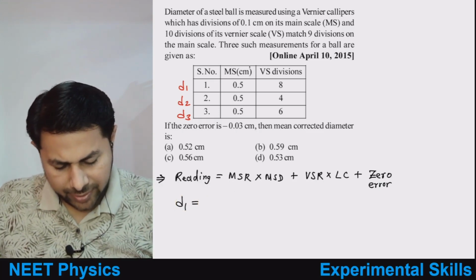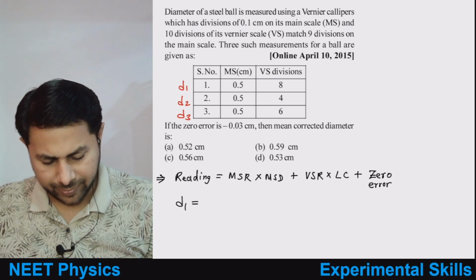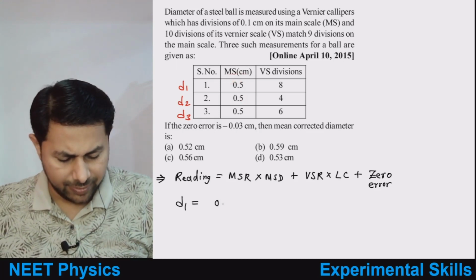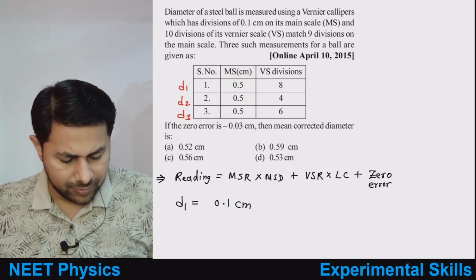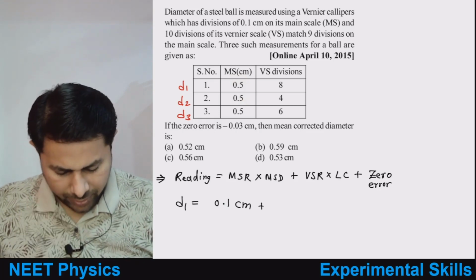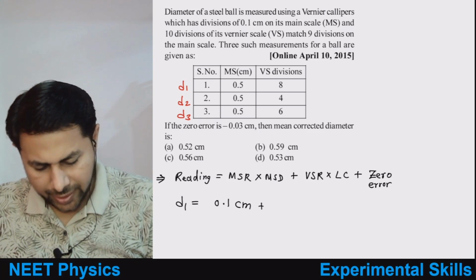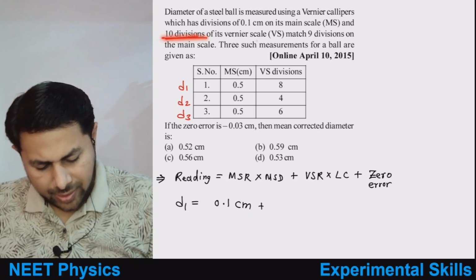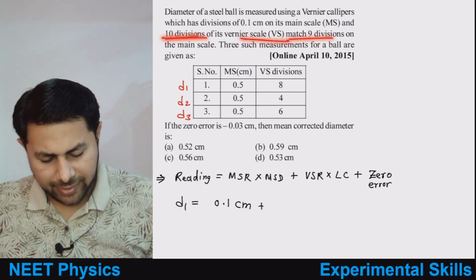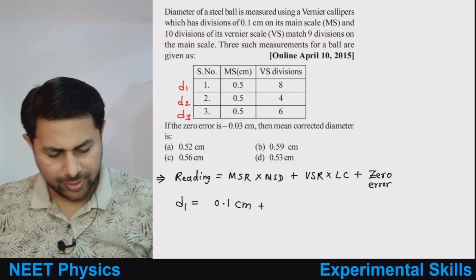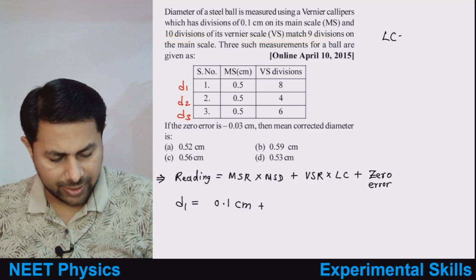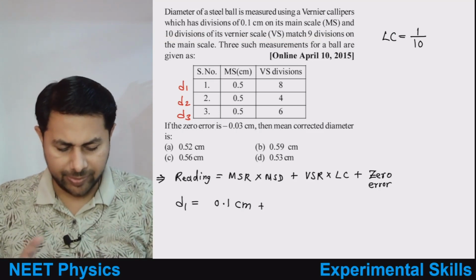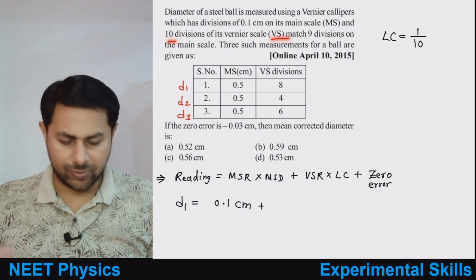D1 is 0.1 centimeter, actually it's given directly. Ten divisions of the Vernier scale match with 9 divisions on the main scale. Once again the least count is 1 by 10, because the difference between the number of divisions is 1.